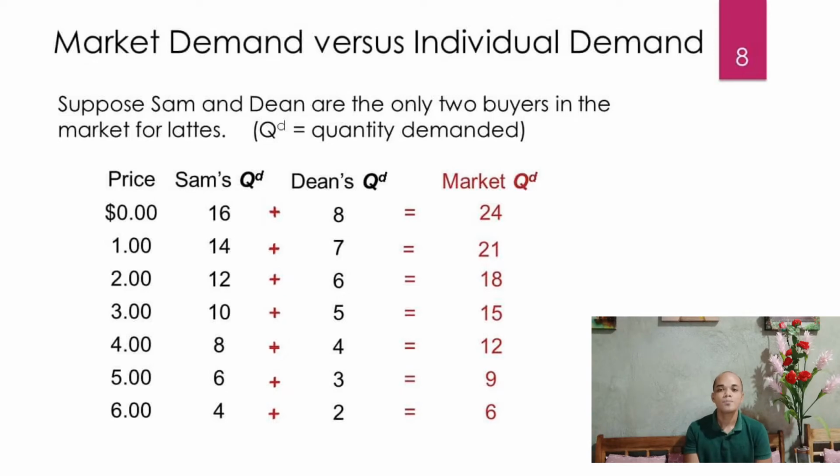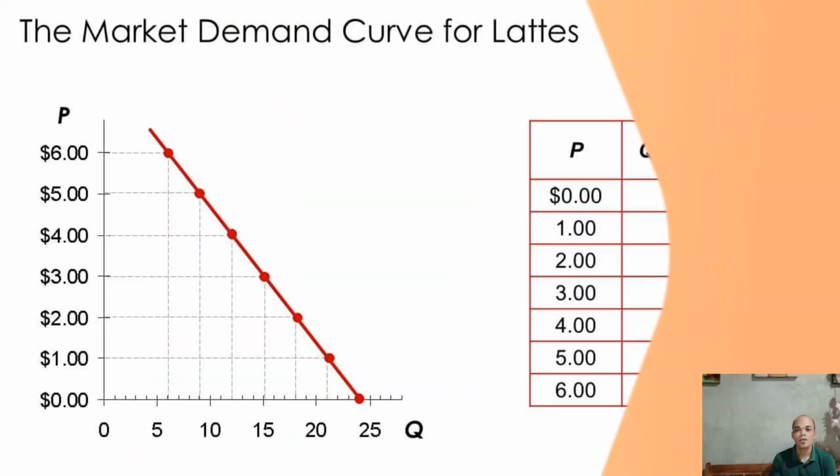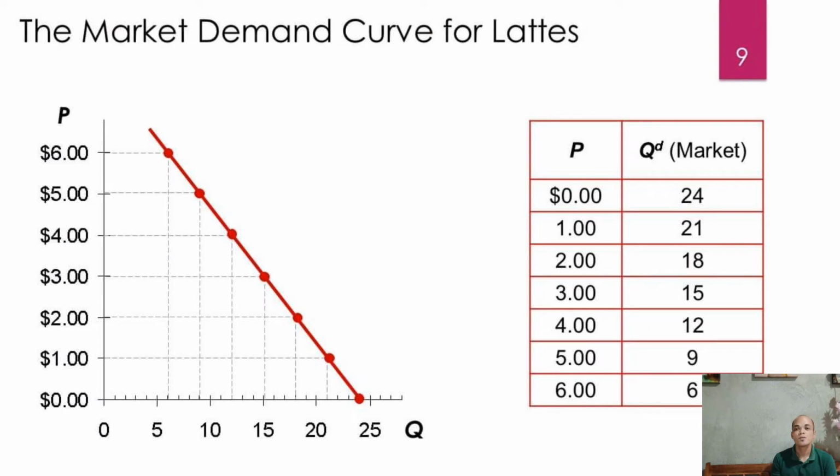After doing that, you need to have a market demand schedule and a market demand curve. Based on the two outputs of Sam and Dean, you make the market demand schedule, and after that, you make the market demand curve.